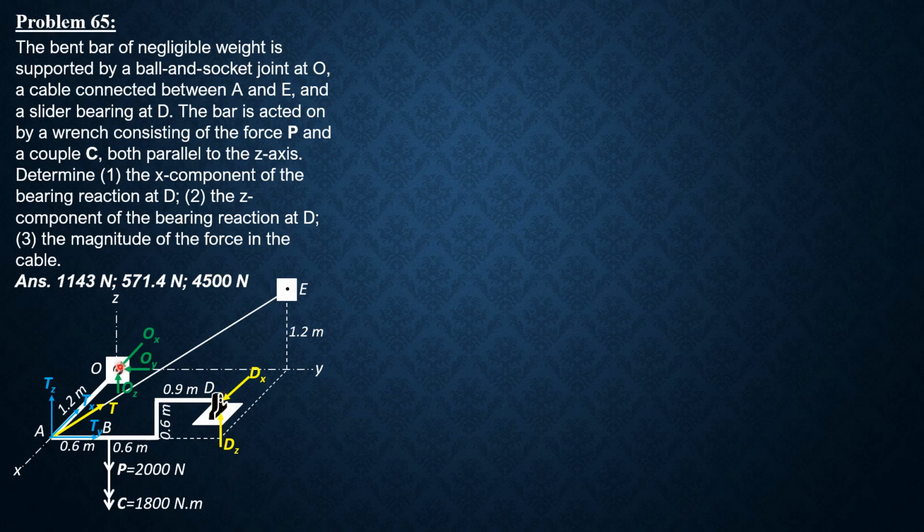So if we sum up moment about OX, all forces on OX will not be involved in the moment equation. So what would be involved would be DZ and this 2000 Newton force. The couple has no x component because it is negative 1800 K or along Z only.